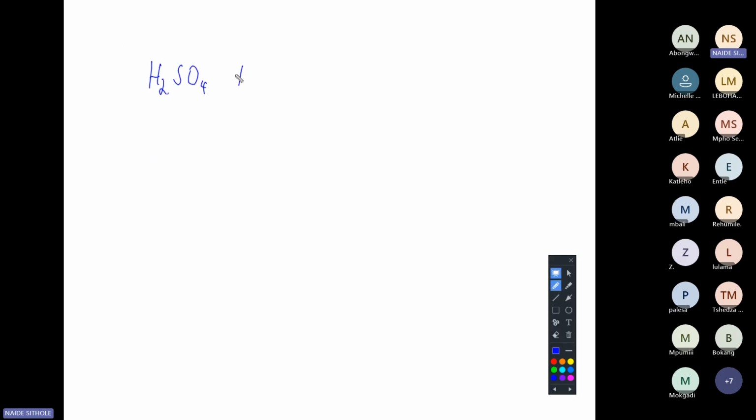H2SO4 plus sodium hydrogen carbonate, right? Then obviously we need the skill of balancing there. Now this is an acid, and this is a carbonate.